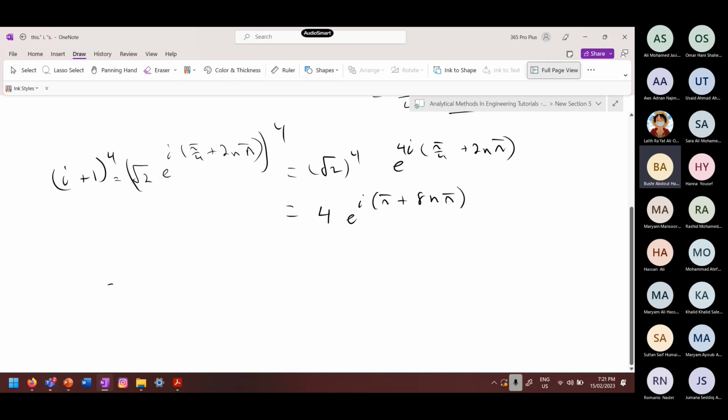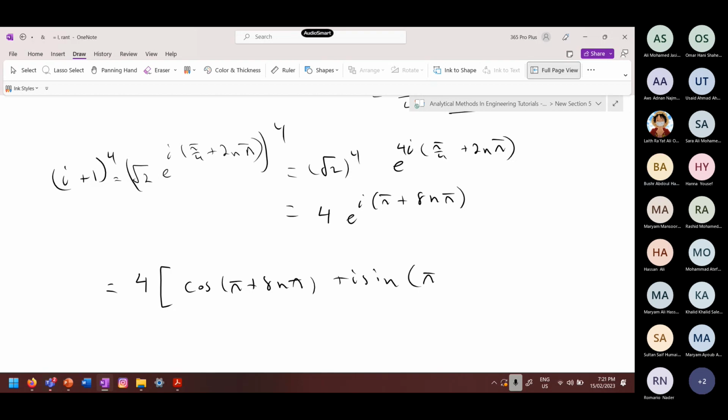Now change it to the cosine and sine form, the imaginary form. 4 cosine pi plus 8n pi plus i sine pi plus 8n pi. I told you earlier, if you don't have any power here, your solution is almost done.